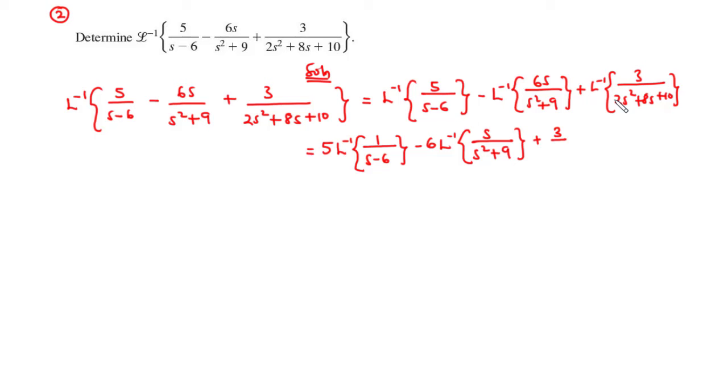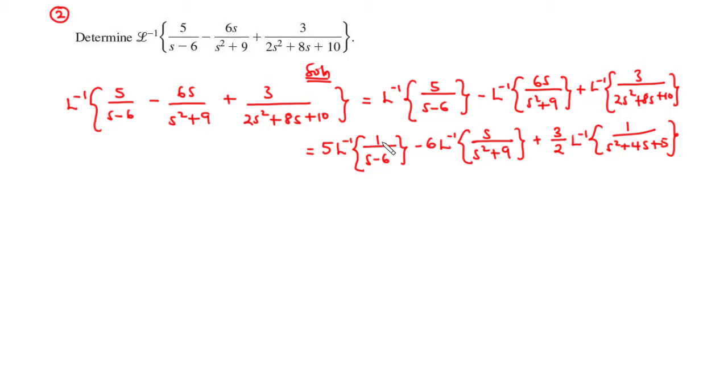Now in all the transforms, you realize that the coefficients of s squared should be 1, and so we can factor out 2, so 2 comes out, and then we have times the inverse Laplace transform of 1 over, so that we have the coefficient of s squared to be 1, so s squared plus 4s plus 5.